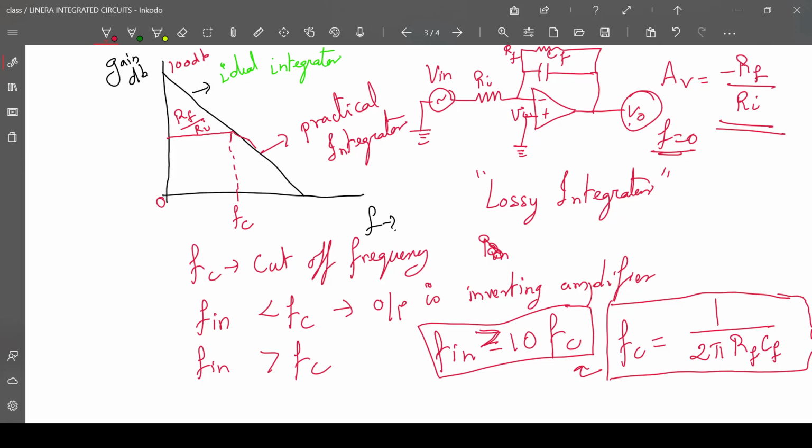And also, the frequency level at which the gain becomes 0 is represented as f naught. That is the initial frequency, or fundamental frequency.